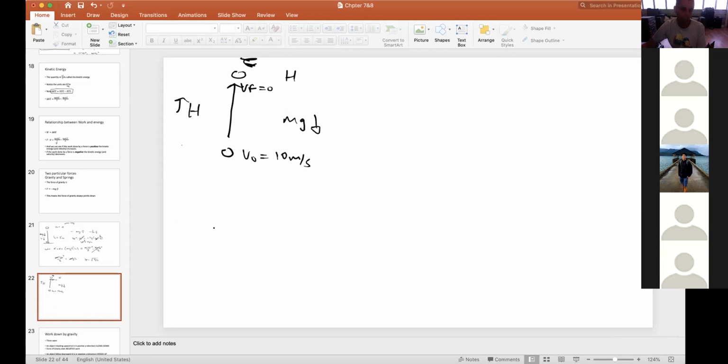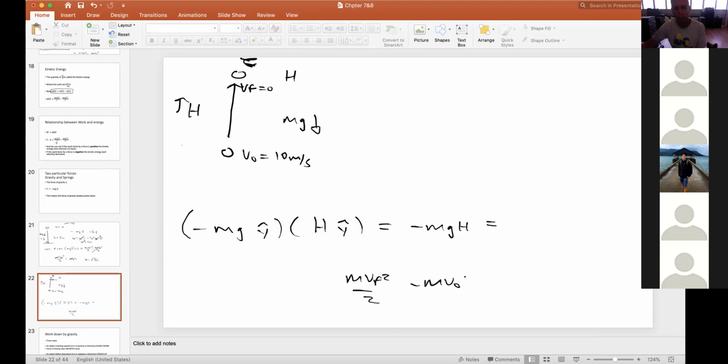Well, the force, mg, is in the negative y hat direction, dotted with h in the positive y hat direction. That is negative mgh. That is equal to mv final squared over 2 minus mv initial squared over 2. This is 0 because we're at max height.